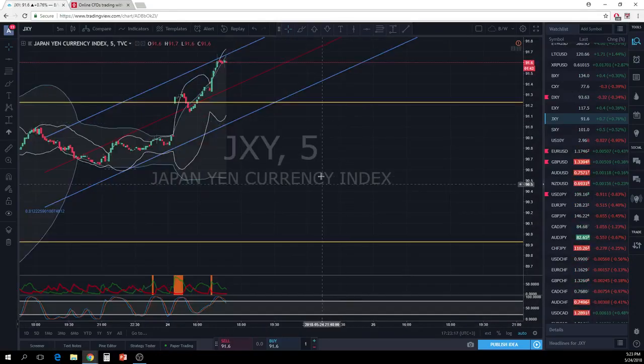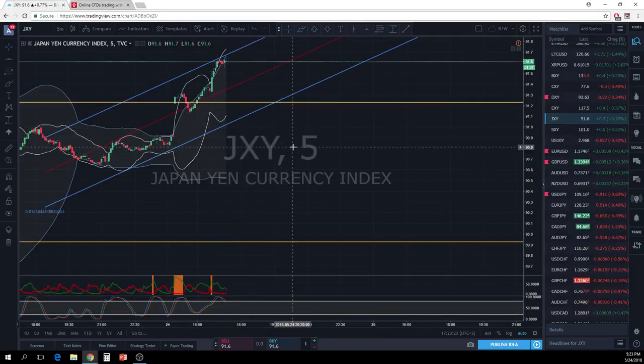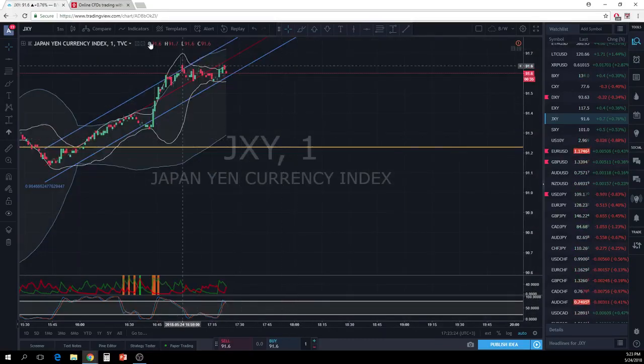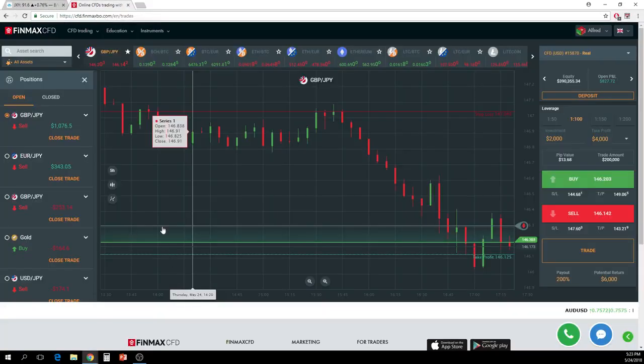Interesting. Looks like it's decreasing, but then going back up. It's fairly jumping around, backing up.